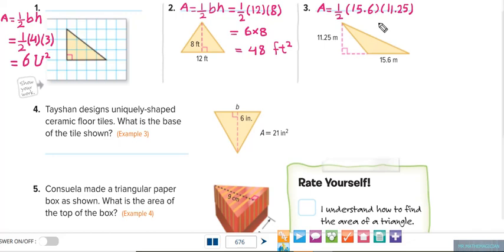Now you are in grade 6, you can finish this one. So the area will be half multiplied by 15.6 multiplied by 11.25.